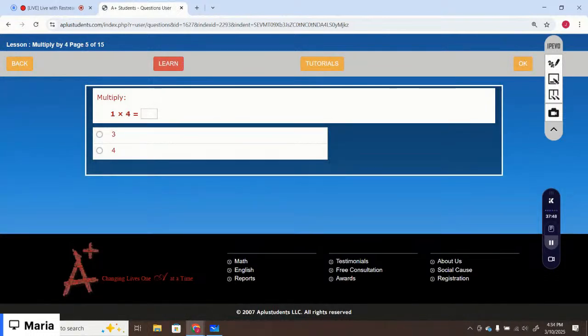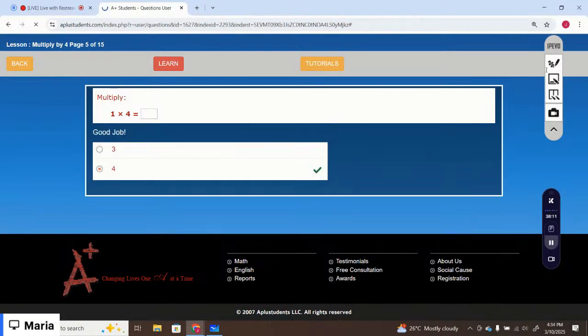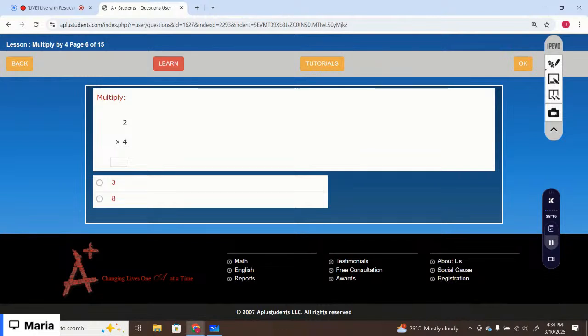4 times 1 equals 4. Option number 2 is the correct option. 2 times 4 is 8.